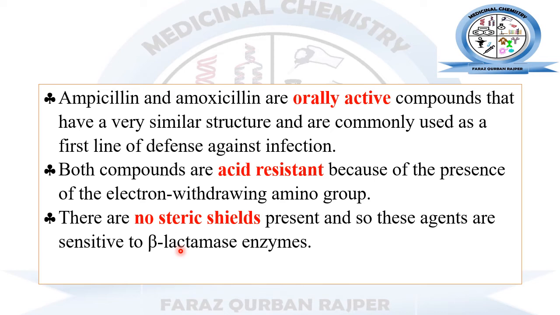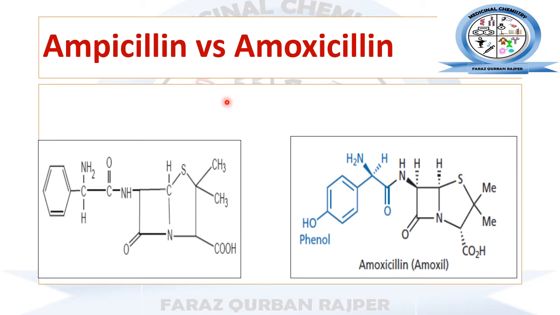So due to the absence of these bulky functional groups, there will be no steric shield that will prevent the binding to the beta lactamase enzyme. So that's why they are beta lactamase enzyme sensitive, and they can be destroyed by the beta lactamase enzyme. So these are the structures of the ampicillin and amoxicillin, that are the aminopenicillin.